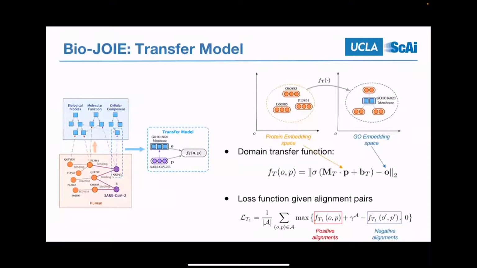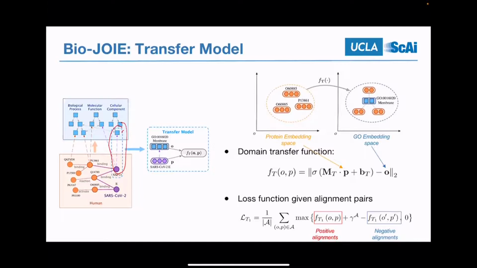Those are defined between pairs of domains. Here I'm showing you between the proteins, and also between the proteins and the gene ontology. You can see those links here, and they help us link between different spaces. We use this transfer model to map that.